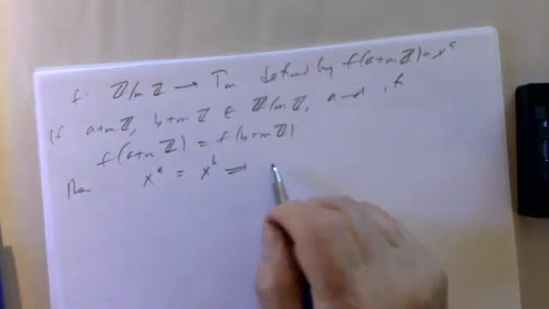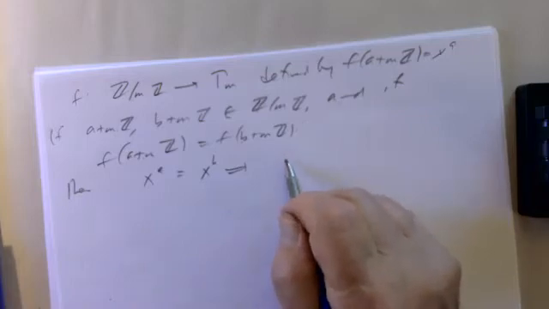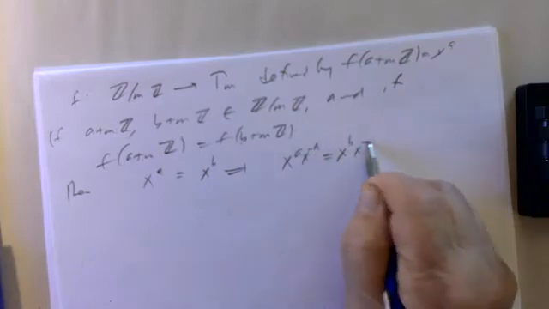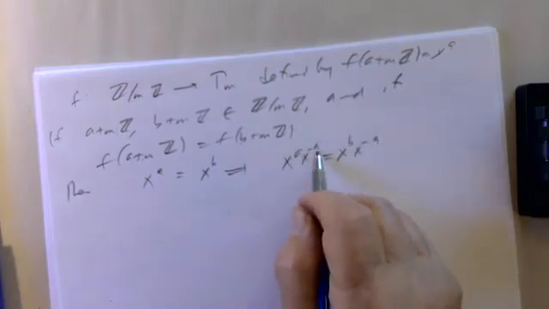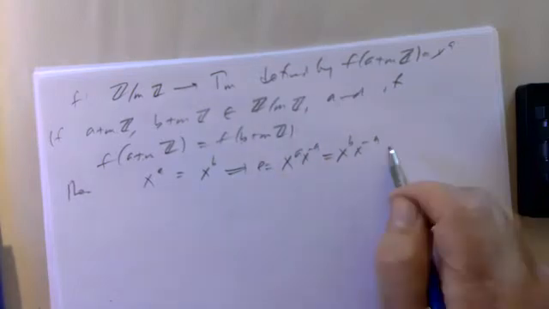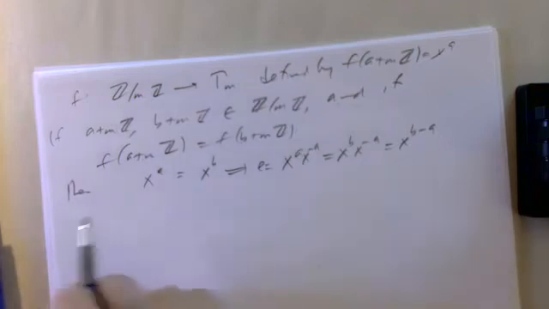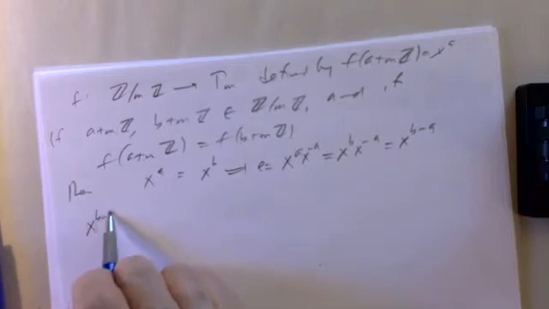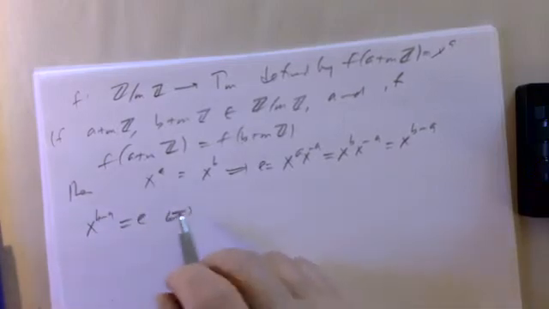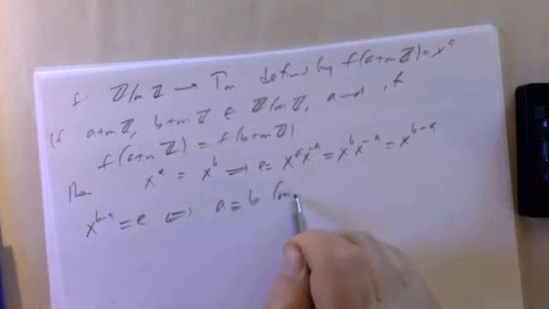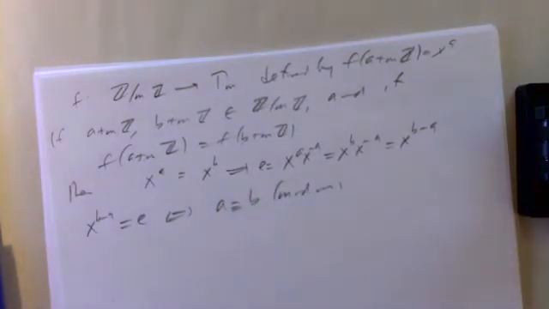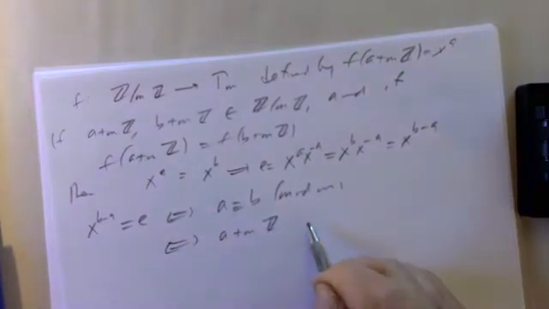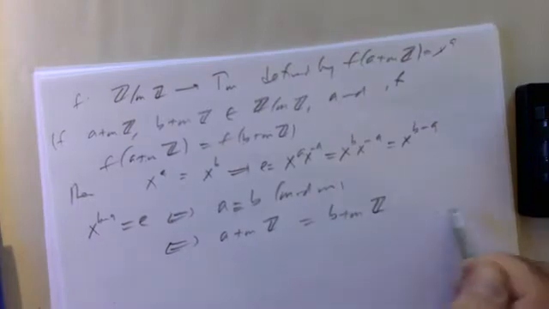If I multiply by x to the minus a, this is x to the a minus a, which is 0, the identity, and this is x to the b minus a. And x to a power is the identity if and only if a is congruent to b mod m, if and only if the congruence class of a plus mZ equals the congruence class of b plus mZ.